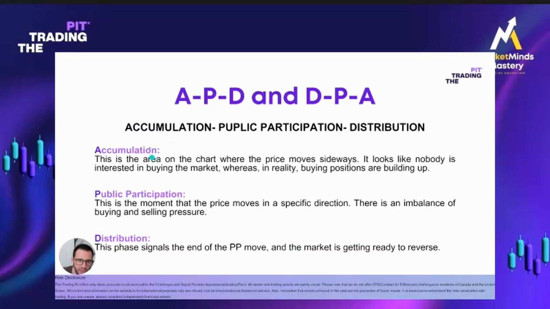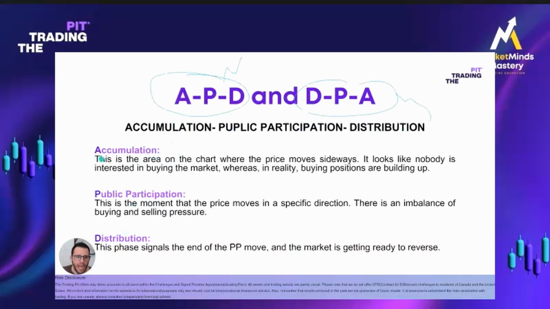The APD refers to accumulation, public participation, and distribution phase, and the DPA to distribution, public participation, and accumulation. So the first one refers to what we call an uptrend, and the second one to what we call a downtrend, guys.